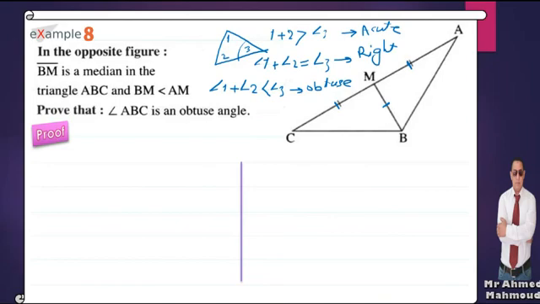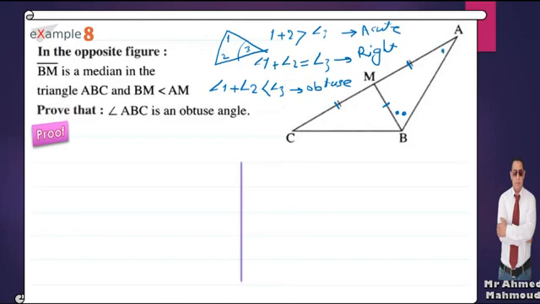Okay, now I need to prove angle B is obtuse. Then I need to prove that angle B is greater than A plus C together. In triangle AMB, AM is a big side, MB is a small side, then angle B is a big angle, angle A is a small angle.